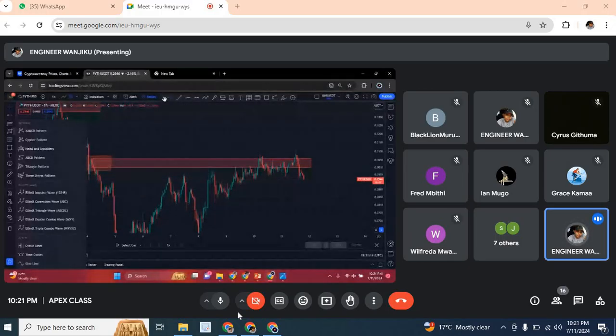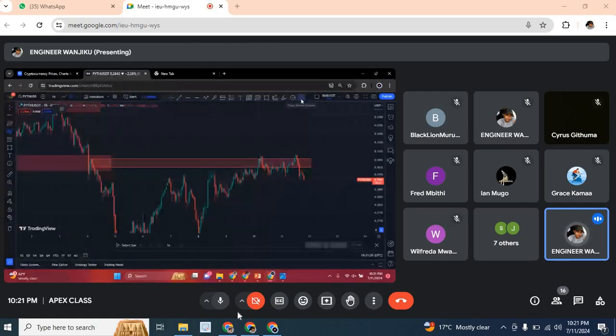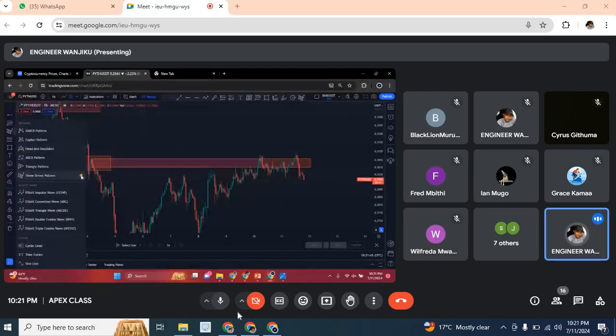For example, this three drives pattern, you see this star at the end right here? I'll come and favorite it like that. And now it will appear on this place right here. So every time I need that, I can easily access it, instead of coming to this tools section. And if I want to remove it, I'll just come and unfavorite it.